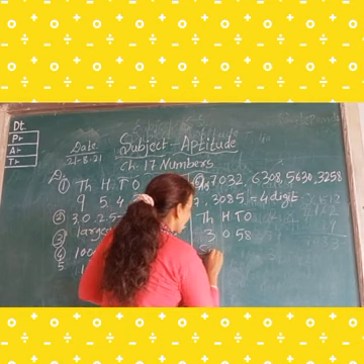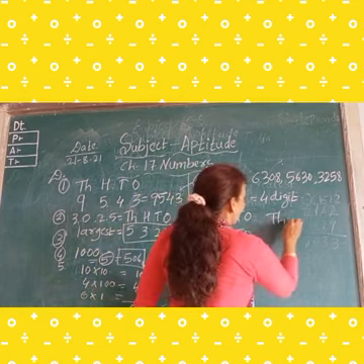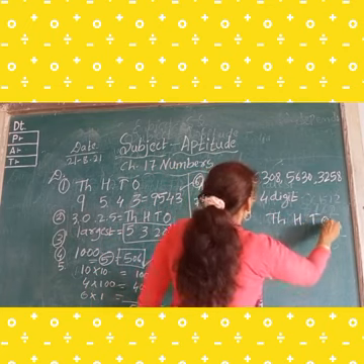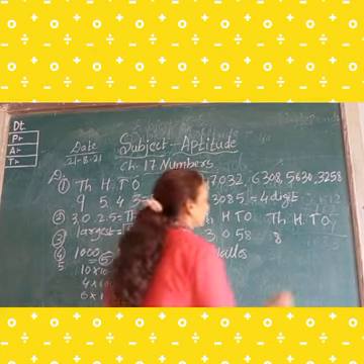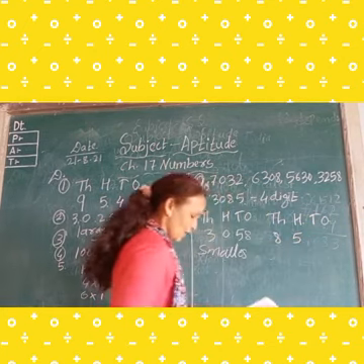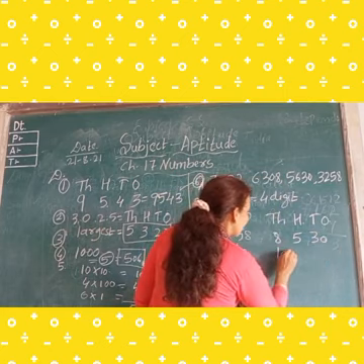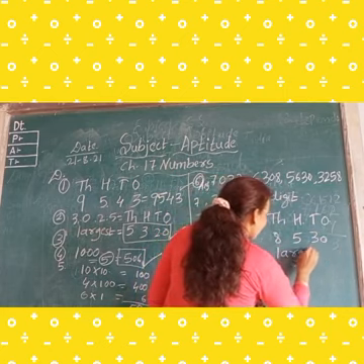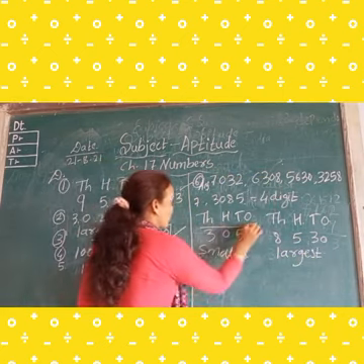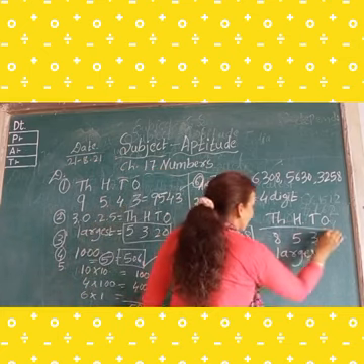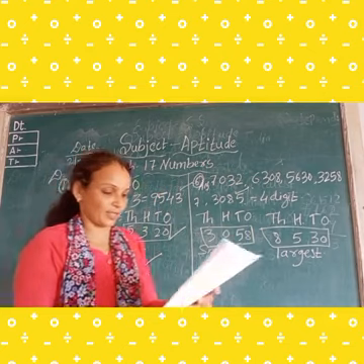This is smallest. Now make the largest number of this one: first 8, then 5, then 3, 0, so 8530. This is largest. So our answer is the smallest and largest numbers using these digits.